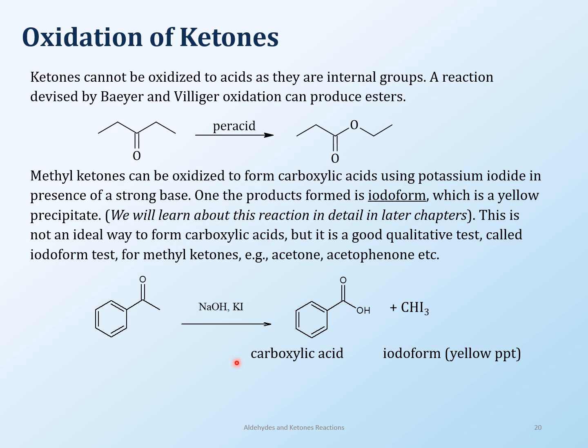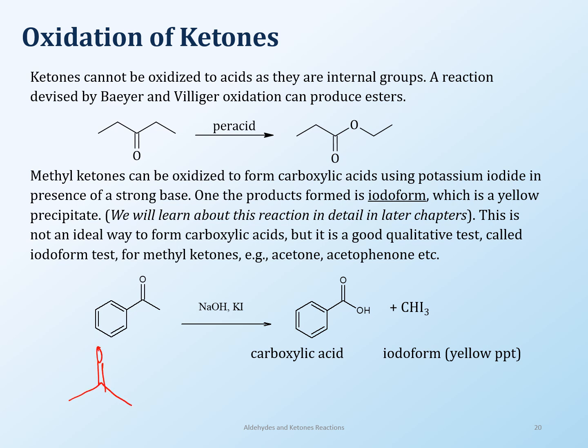And then if you have a methyl ketone like this, then it's a very specific reaction. So if you have a methyl ketone like this, or if you have acetone, then you can oxidize this methyl group. So by treatment with sodium hydroxide and potassium iodide, you end up getting an acid. Okay, so even if you were working with acetone, it will do the same thing.